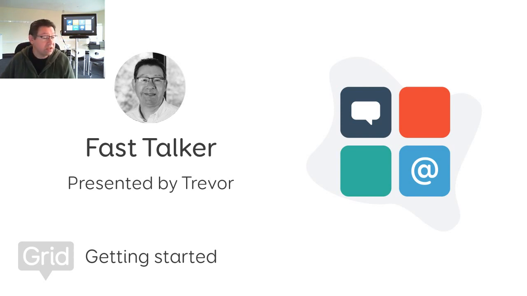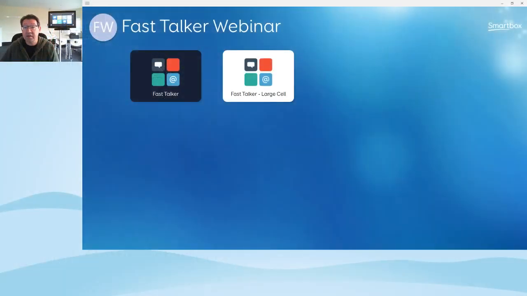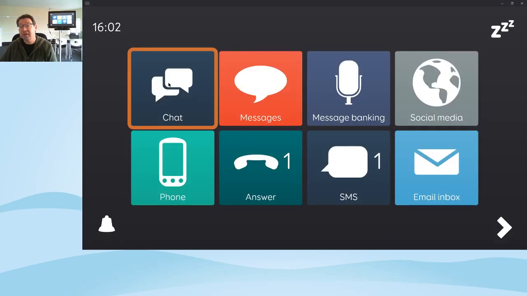So let me just switch to Grid 3 itself. We have the standard Fast Talker, and we have Fast Talker Large Cell also. I'll do a quick comparison between the two versions so that you can see what the differences are.